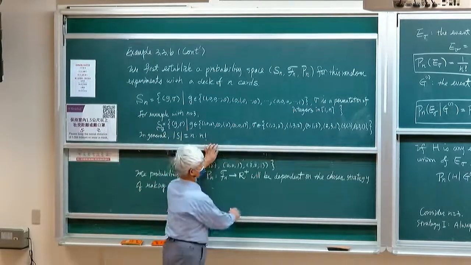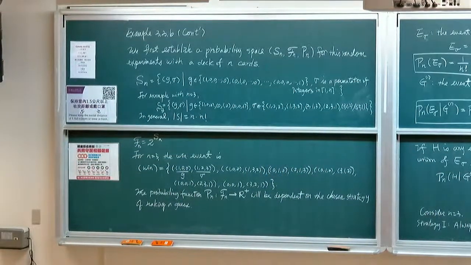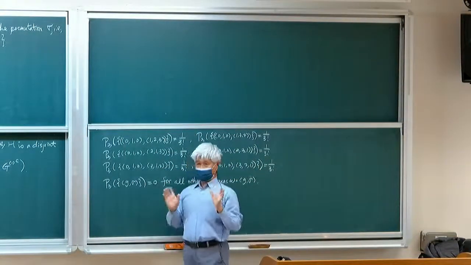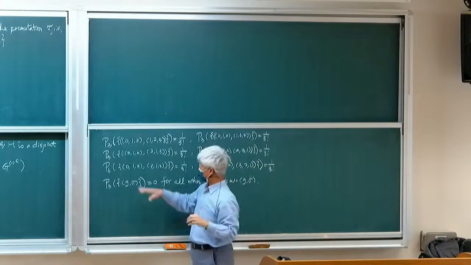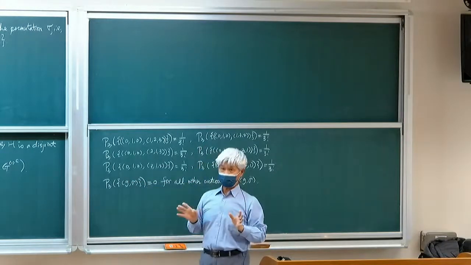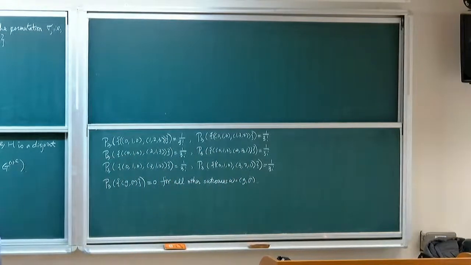Out of the 18 possible outcomes, these 6 can have positive probability. But the other 12 outcomes will never appear. Why? Because of the guessing strategy, you always make a guess at time 2.